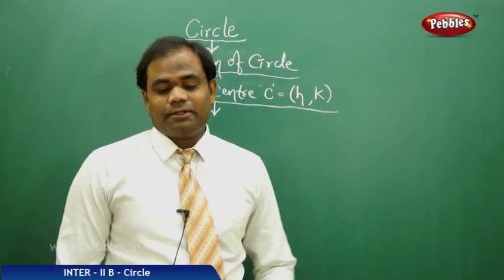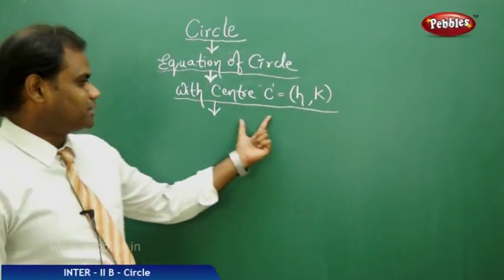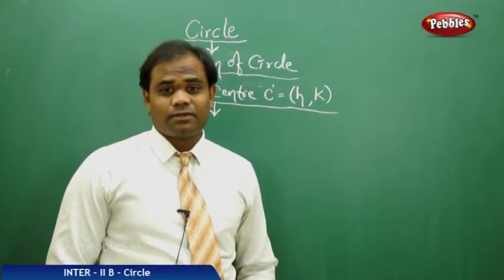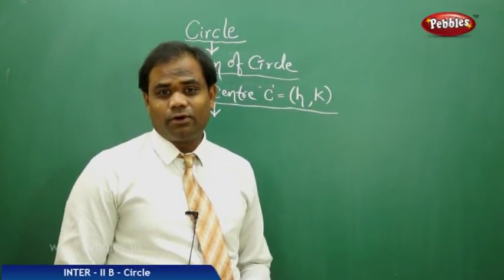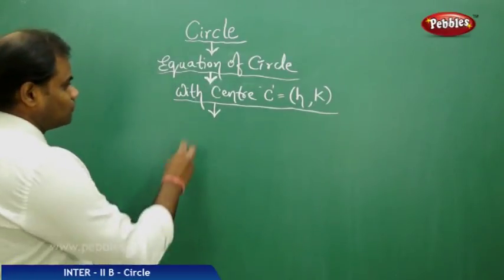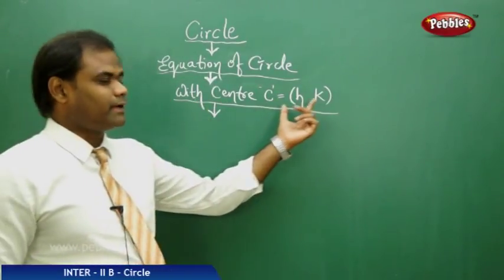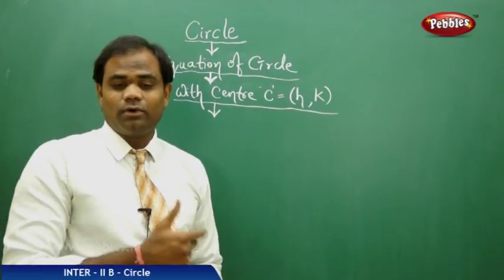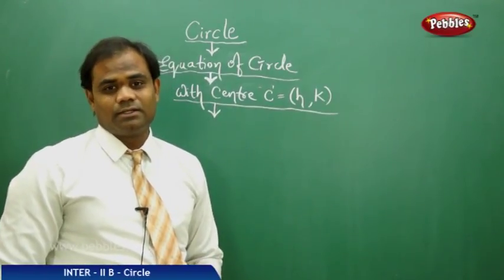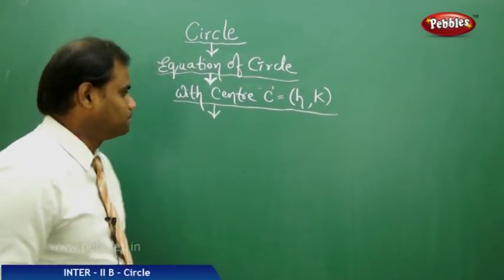Now let's see the equation of a circle with center h, k, that is when the center is not origin. For this circle with a non-origin center, let's see what the equation would be in the non-standard form.